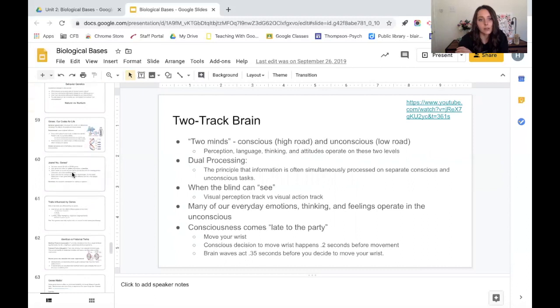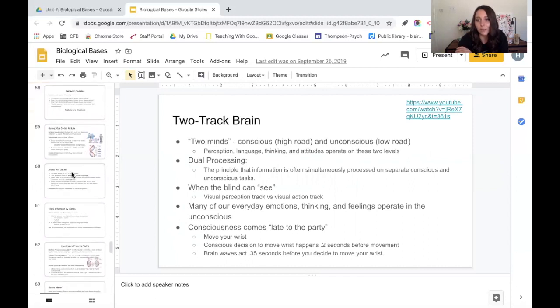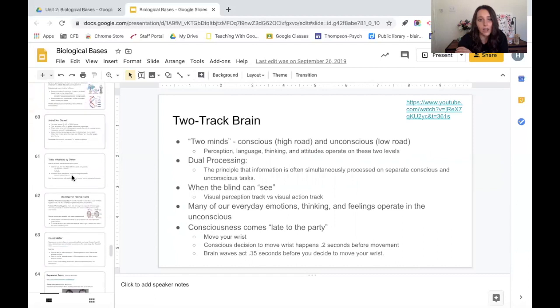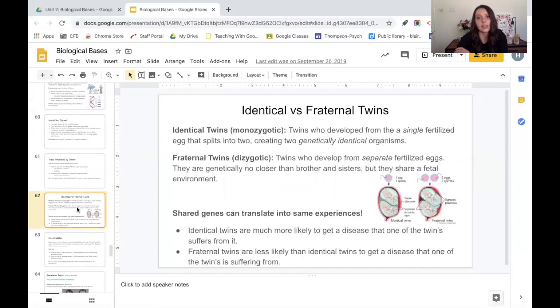Let's see what else. How do we test brain functions, DNA, all of that stuff? You guessed it. We're always going to be looking at identical twins because remember, fraternal twins are really no different than siblings.